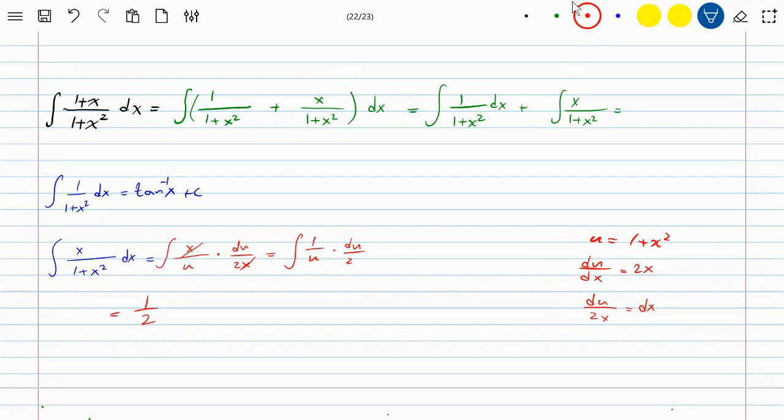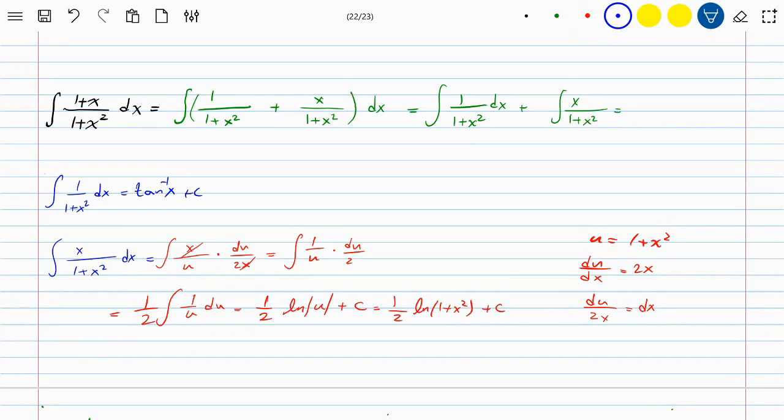You can take the 1/2 out, and what you have is 1 over u du. And that is simply 1/2 the integral of 1 over u. We learned this last time, two sections ago. It's ln absolute value of u plus some constant. And what is u? u was simply 1 plus x squared. And it didn't need absolute value since 1 plus x squared is always positive.